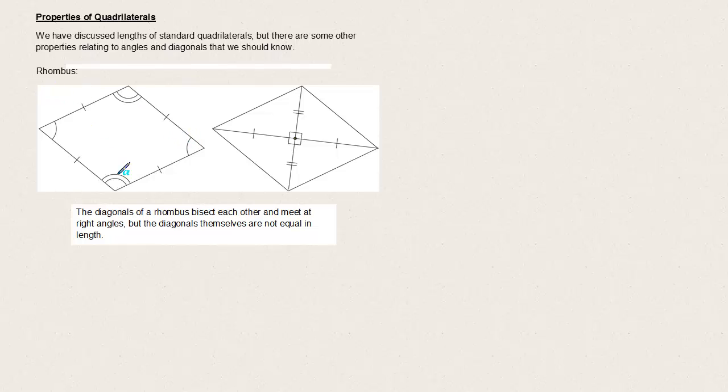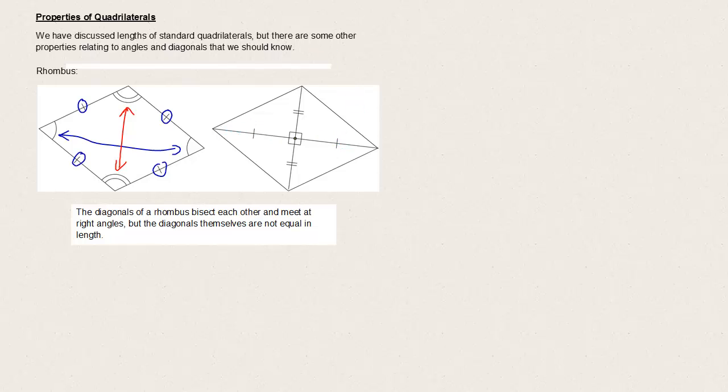Now here we have a rhombus, and a rhombus is a special case of a parallelogram where all four sides are equal. So note once again the opposite angles are equal, so these two angles are equal here and these two are equal here.